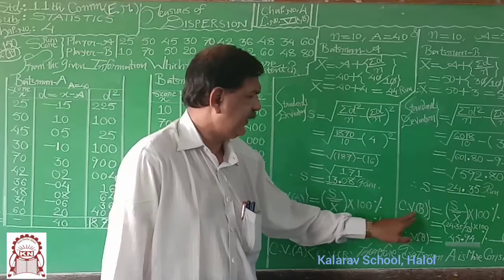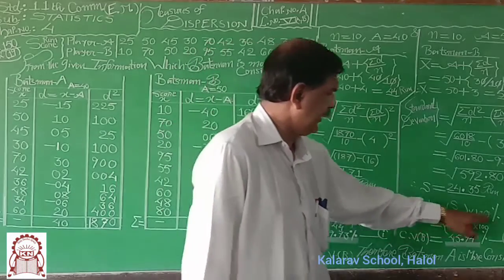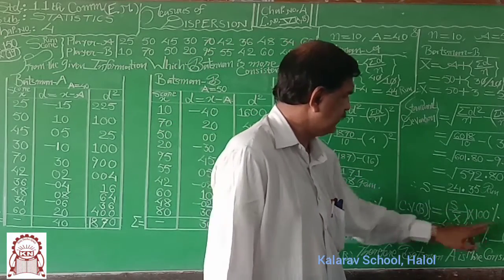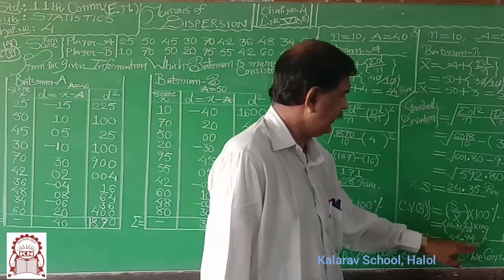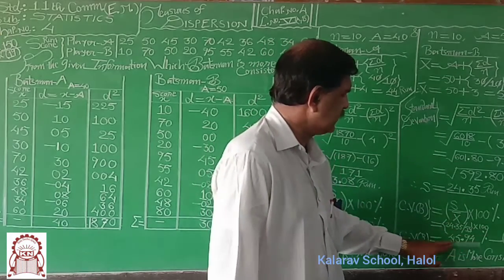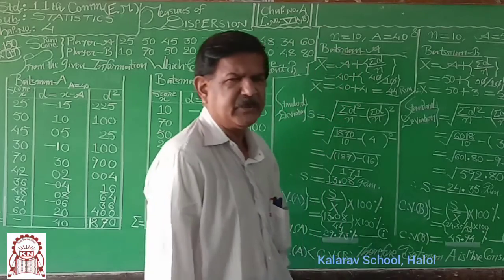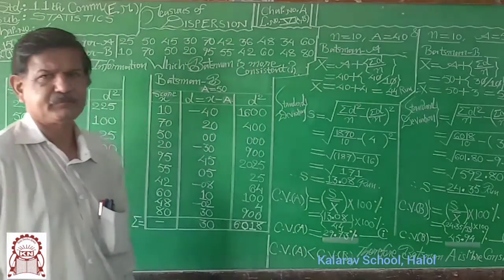CV of B, means player B, is S upon x bar into 100, measured in percentage. S means 24.35 upon 53 into 100. The simplification will give you the answer 45.94 in percentage, answer number 2.